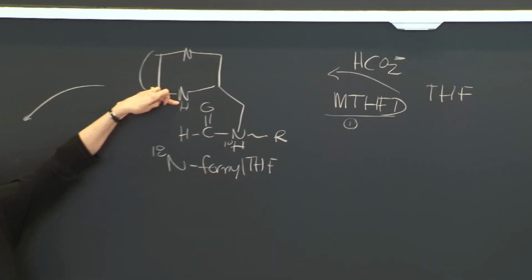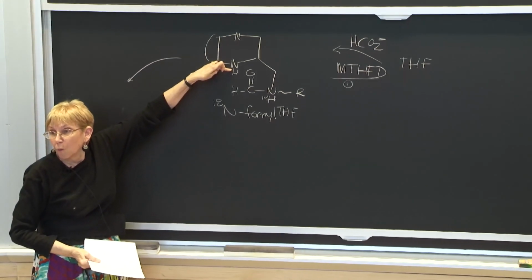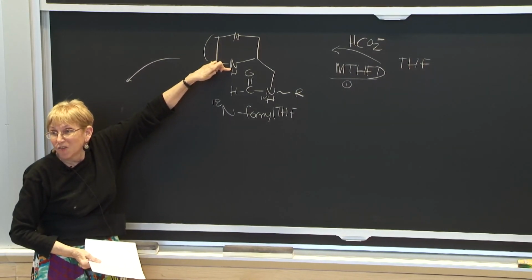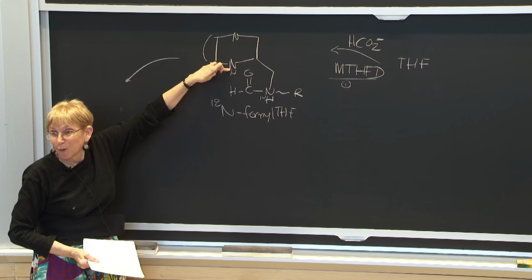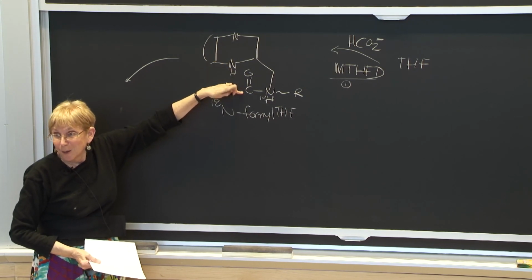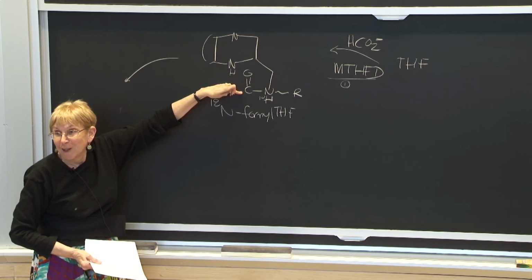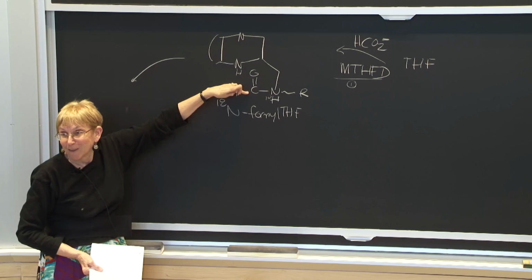And what you can picture happening here, if you watch me, is this nitrogen is juxtaposed to this amide, okay? So it can attack to form a tetrahedral intermediate and then lose a molecule of water, okay? So that's called the cyclohydrolase.